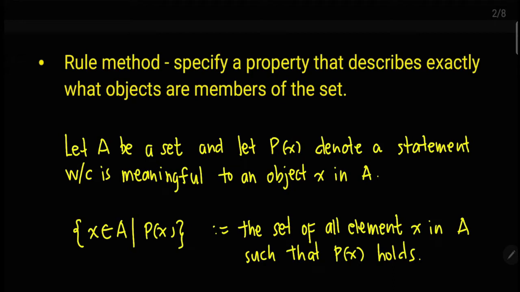So this will contain all objects x in A that satisfy property P. So instead of listing the elements of the set, what we do is we describe. We give a well-defined description of the elements in the set.